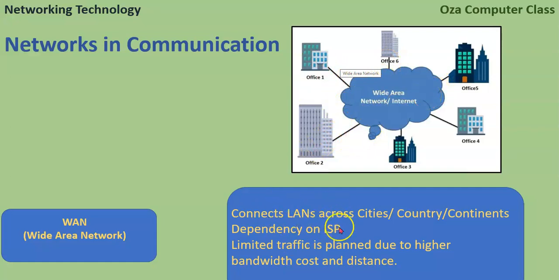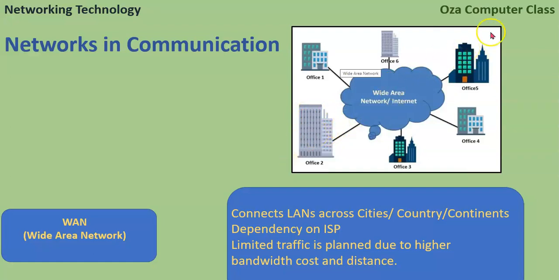Here also you depend on the internet service provider. You will have to request the service provider to give connectivity between your offices, that this office, which has a LAN of its own, and another office having its LAN of its own. You want to connect these two offices so that the users from this office can share some of the files, maybe some other resources located in the other office.